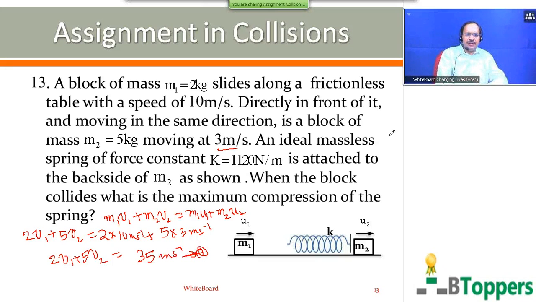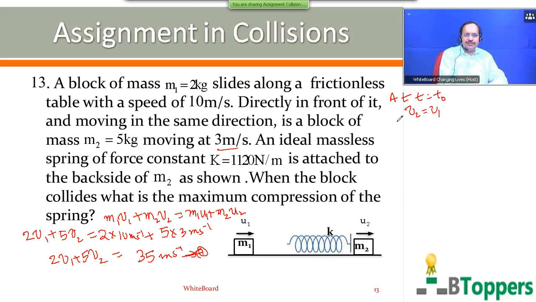At the instant of maximum compression, let us suppose compression is maximum at the instant t equal to t naught after collision. Then the velocities of the two blocks will be equal.